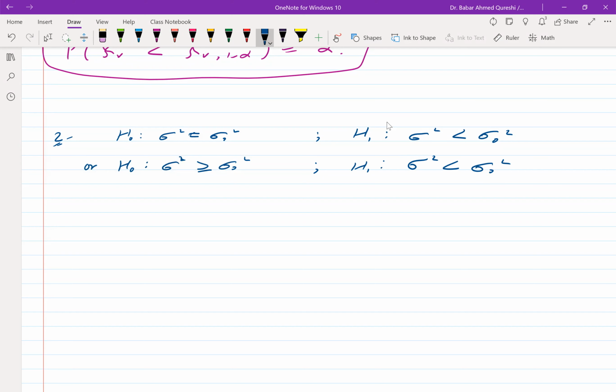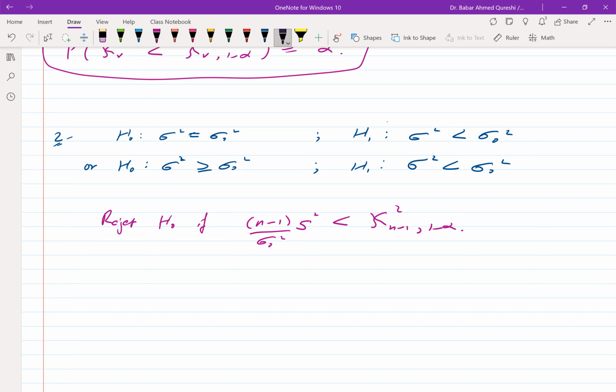If this is so, then you can reject H naught if n minus 1 S square is less than 1 minus alpha.